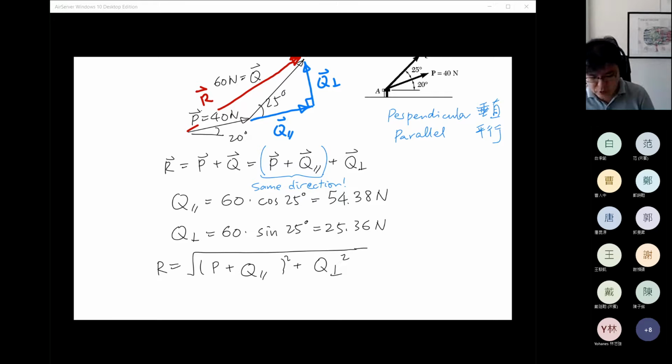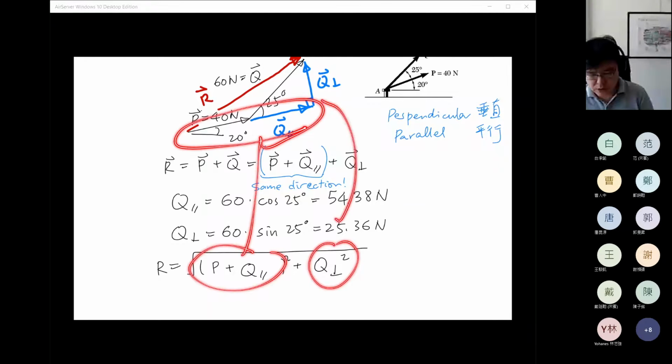Q. I think you can record this because this part is this part, and this part is this part. So we want to determine the magnitude of this side.